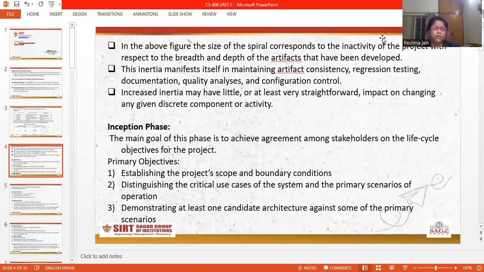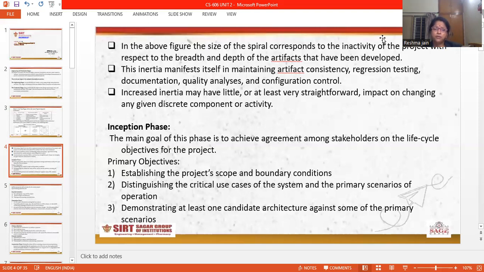The very first phase is the inception phase. Let us see what the inception phase is. The main goal of this phase is to achieve agreement among the stakeholders on the life cycle objectives for the project.